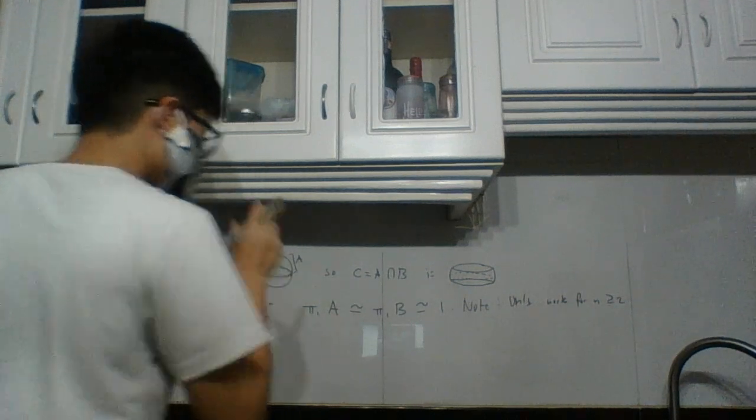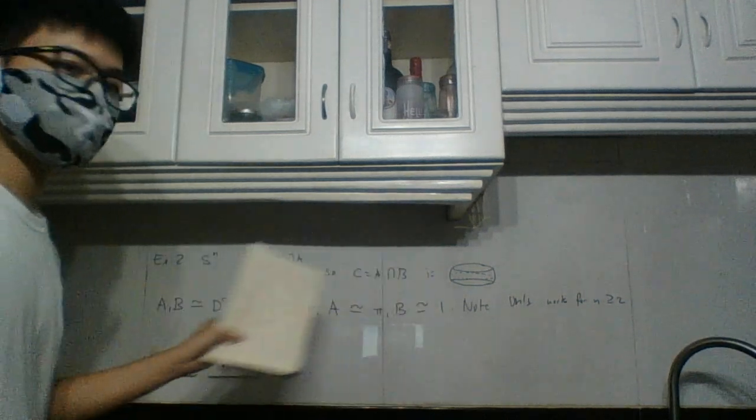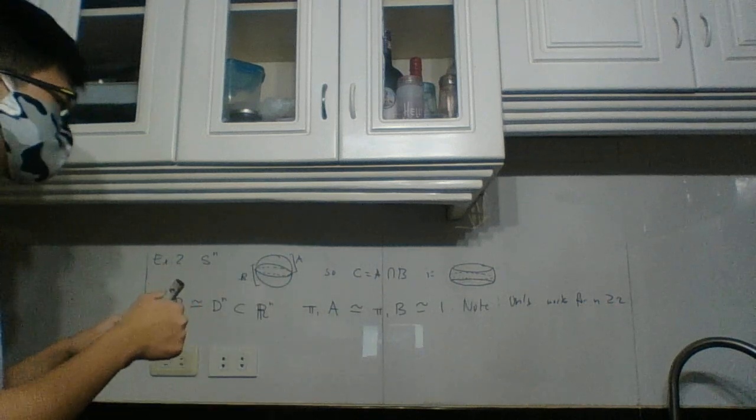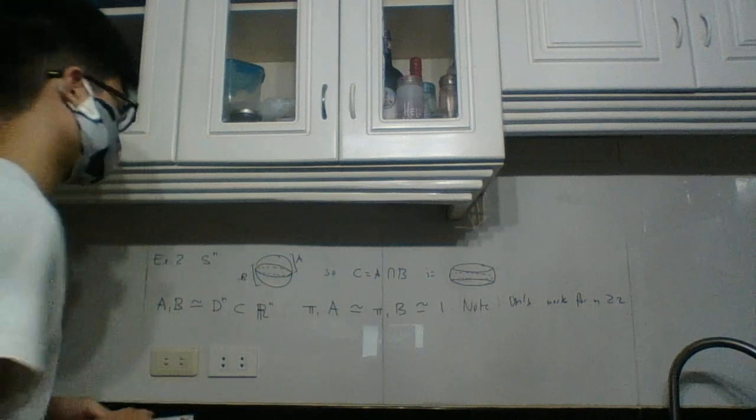So now, because these three spaces A, B, and C are path connected, we can apply Van Kampen.